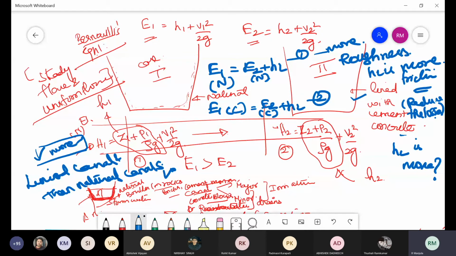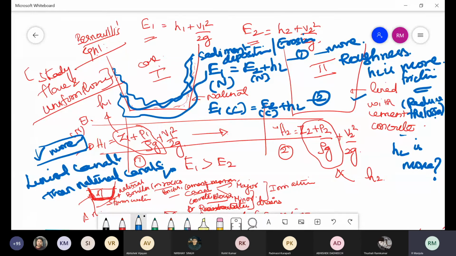But in natural canals, the problem is there will be frequent sediment deposition. Am I right? Sediment deposition and erosion may happen. Because of that, the channel cross section cannot be maintained.